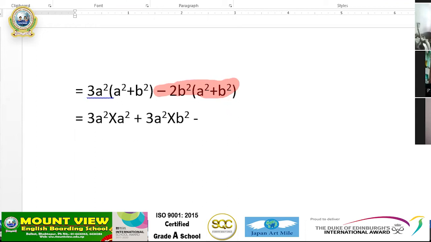So we have minus 2b square multiplies a square. Okay, the first term. And now for the b square, second term छ हामीसँग b square. So we have b square को अगाडि छ plus, 2b square को अगाडि छ minus. So plus minus gives us minus. Okay, so we have minus 2b square multiplies b square.